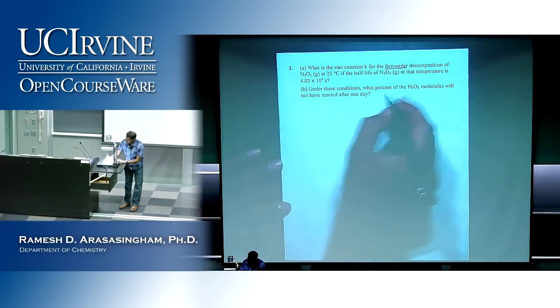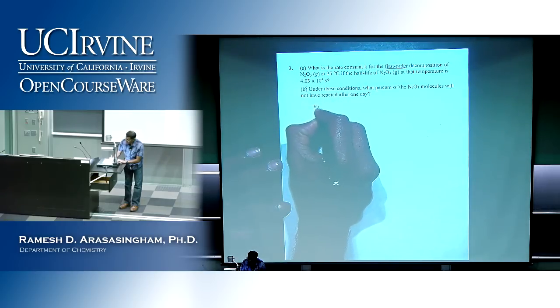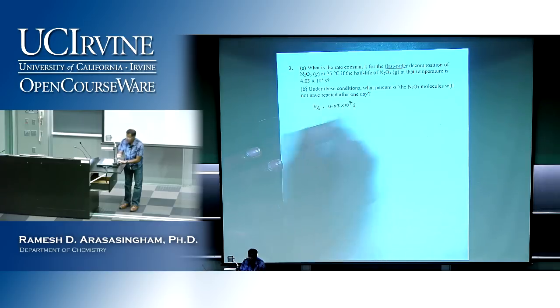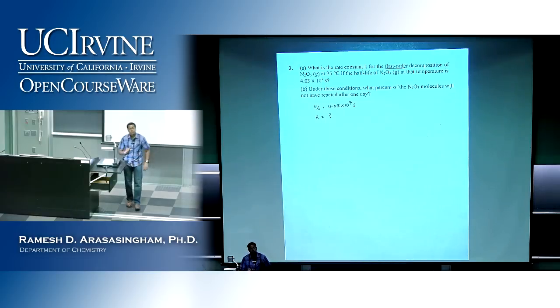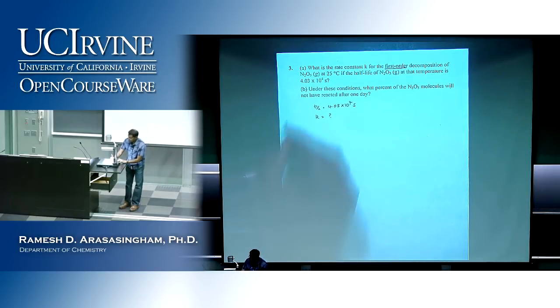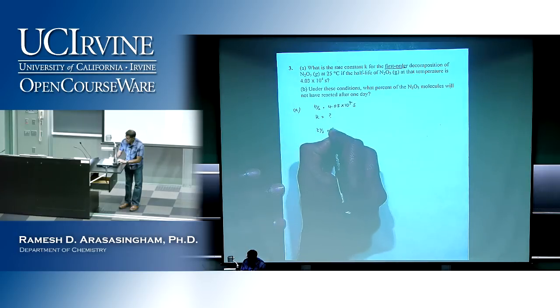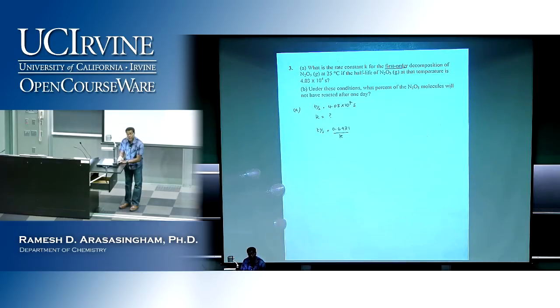And we know that the half-life for this is t half equals 4.03 times 10 to the 4 seconds. They want to know what is the rate constant for that reaction. All right? So I know that the only relationship between these two that we've looked at thus far is that t half equals 0.6931 divided by k.